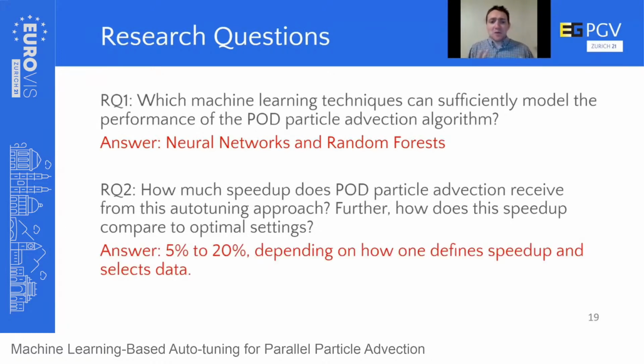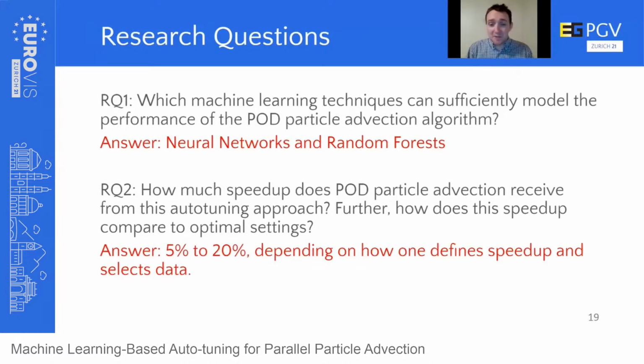The answer is about 5 to 20%, depending on exactly how we're defining speed up and selecting data. If we consider all runs in aggregate, it's more around 5%, but if we consider scalable runs that are going to take a while, closer to 20%. And as we saw on the previous slide, compared to optimal settings in the larger context, we're achieving gains relative to the available gains.